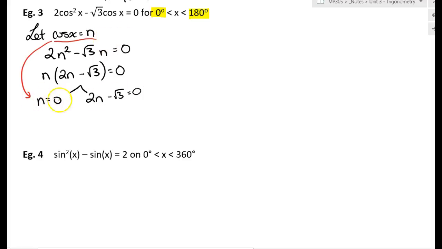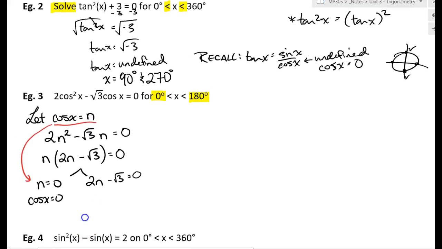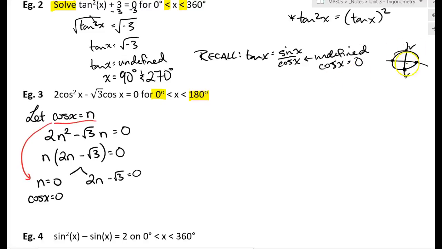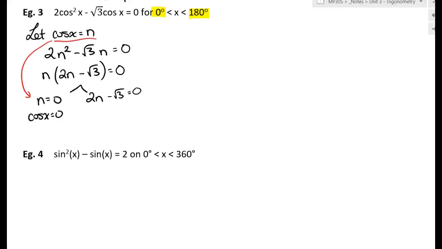So for my left value, n equals 0, I can substitute it in right now. Cos x equals 0. That happens again, just like in the previous question, at 90 and 270. But because I have this restriction where I can't go past 180, x can only be 90 degrees according to that.